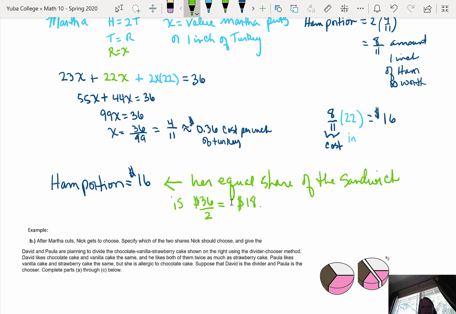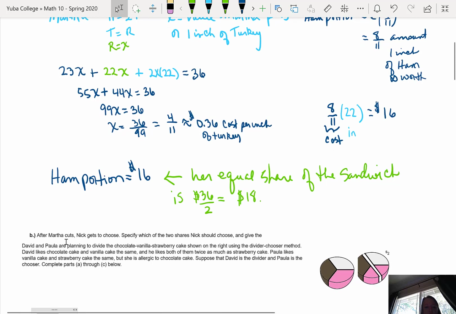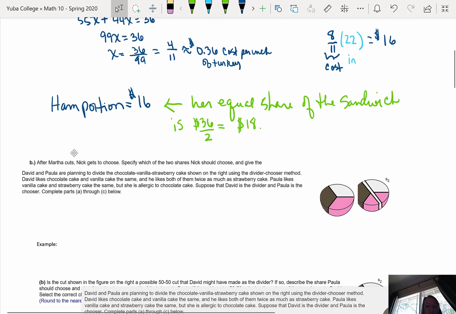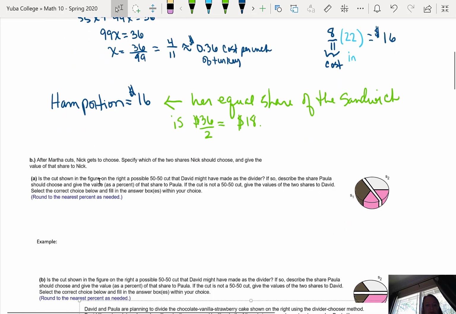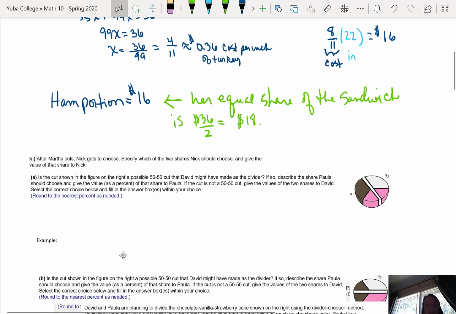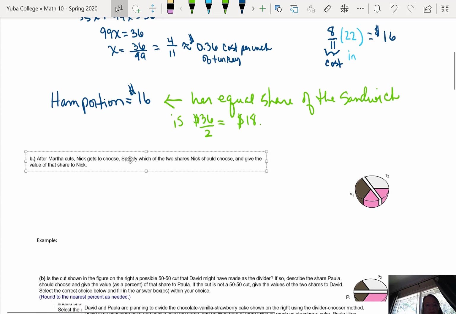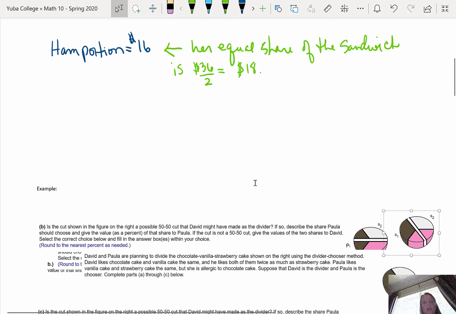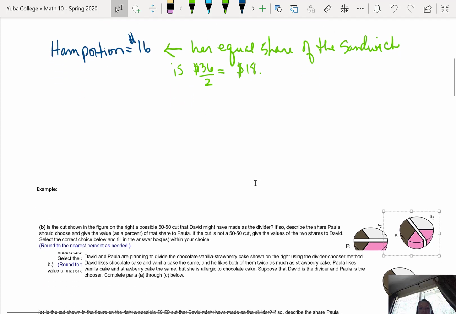And so that's showing me that she's missing $2 of her share to make that an equal share. Sorry, I want to move all this stuff down. So we need $2 into the turkey.